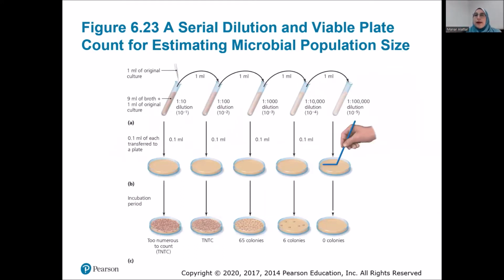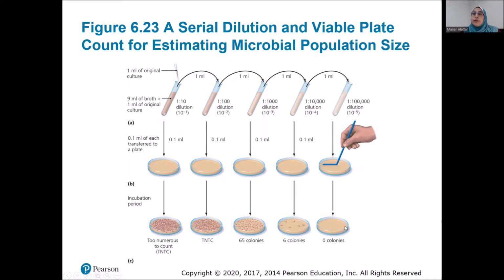Okay, so what you saw in that video is as she made the serial dilution, she wasn't sure which of those dilutions was going to actually generate a plate that had individual colonies. So her first couple of plates were what we call bacterial lawns. They were absolutely covered in bacteria, whereas the most dilute plates actually had individual colonies on them.